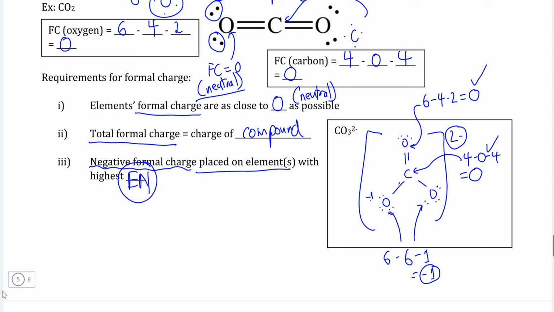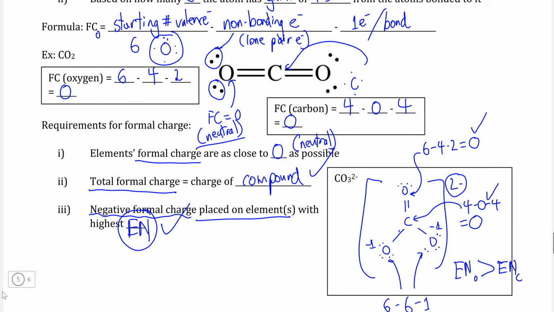Now, if we have a -1 charge here and a -1 charge here, -1 plus -1 is -2, so the total formal charge matches the total charge of the polyatomic ion, so we are good. And because oxygen has a much higher electronegativity than carbon, we also have placed the negative formal charge on the element with the highest electronegativity, so we know that our polyatomic ion has this successful structure.